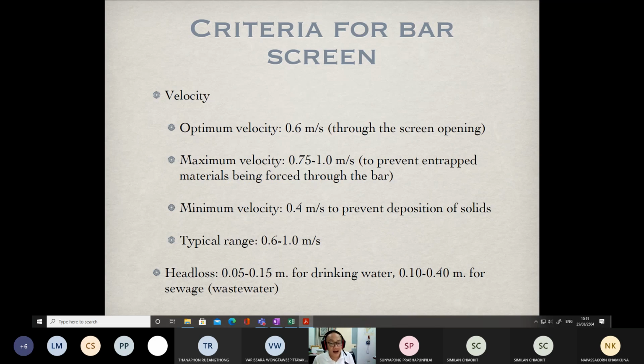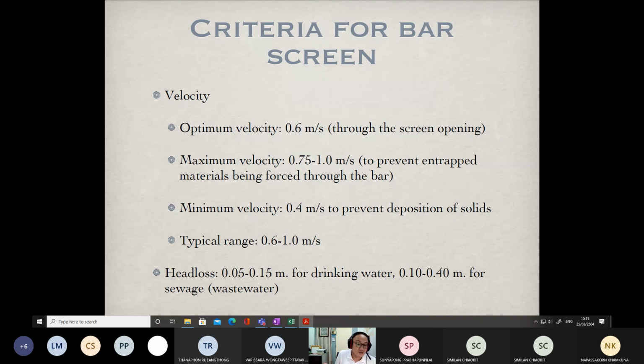If it's getting higher, what will happen? If it's like 0.75 or 1 meter per second, if we maintain such a really high velocity, maybe there will be a lot of force exerted on the bar, pushing the bar.